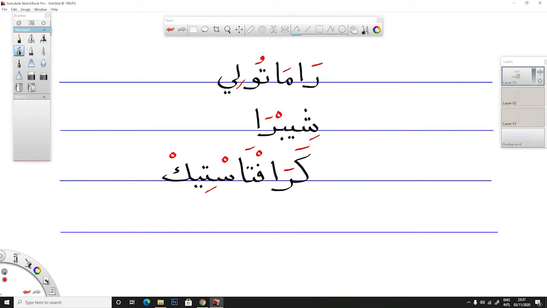As you can see, I have added Fatha on both of Ka and Ra, Sukun on the letter Fa, Fatha on the letter Ta, Sukun on Sin, Kasra beneath the letter Ta, and Sukun on the letter Kaf.